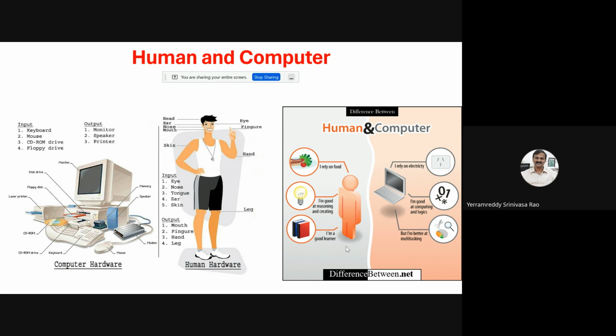As far as the working is concerned, humans require food to convert into energy. In the same way, the computer also requires energy, where we give power, electricity. Whatever power we give is AC power to a power supply. Internally, it converts that AC power into DC power.